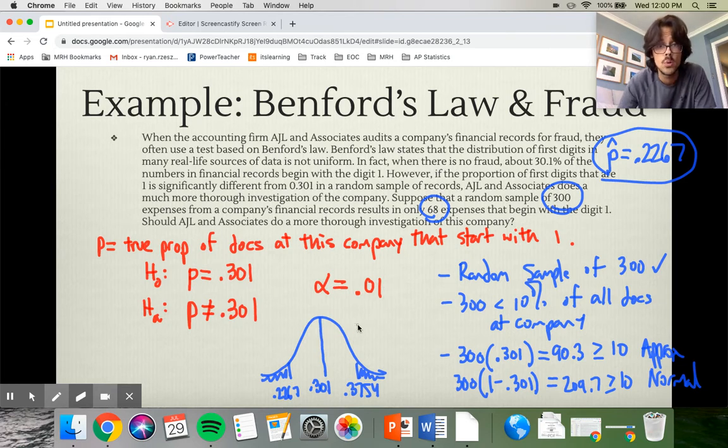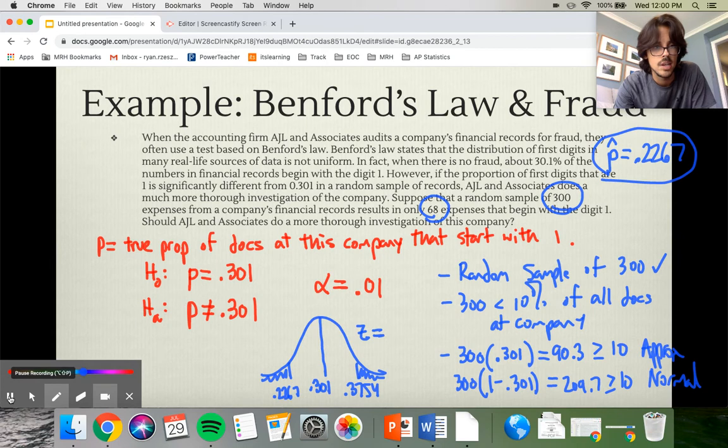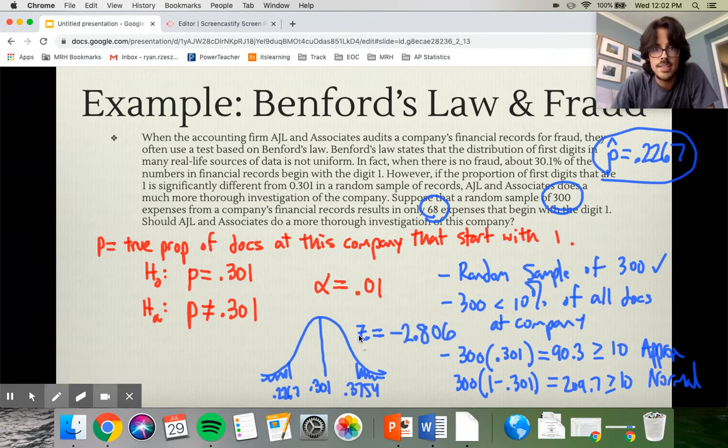You also could go the z-score route, where you find a z-score test statistic for 0.2267 and then do it that way as well with both sides of the problem. I'm going to pause and come back with that test statistic because I want to cut a few seconds off this video. All right, so if you actually calculate that test statistic by hand, you get negative 2.806.